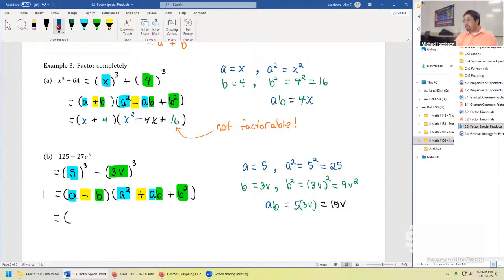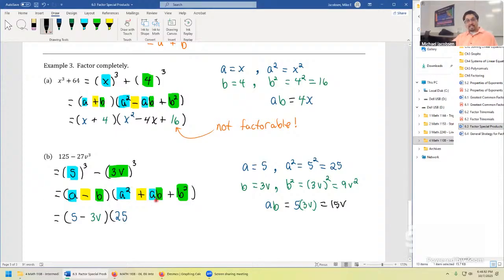So we'll go 5 minus 3b. I think we mentioned this comment many times already in this course. Much of algebra is just a whole lot of substitutions. And that's exactly what we're doing. We're substituting in what we said A is, what we said B is. Next, substitute in the value for A squared. It was a 25 in this problem.